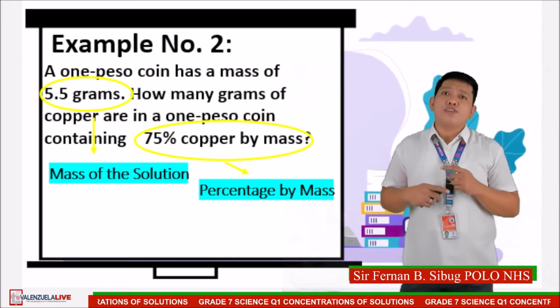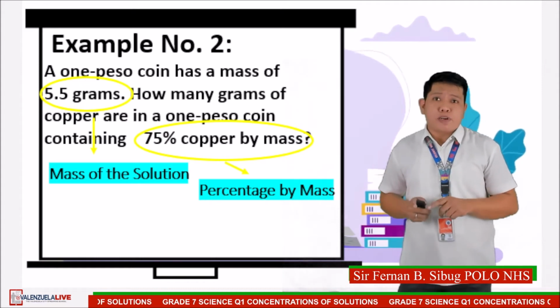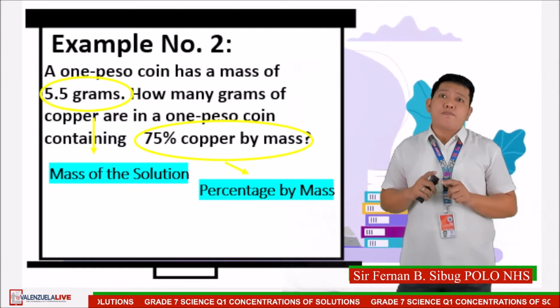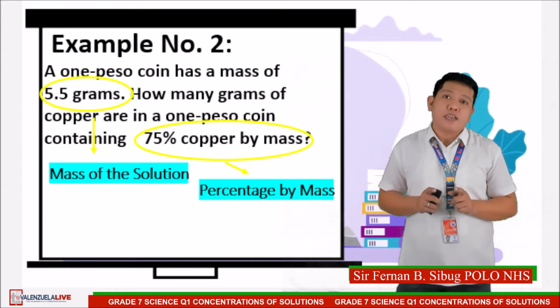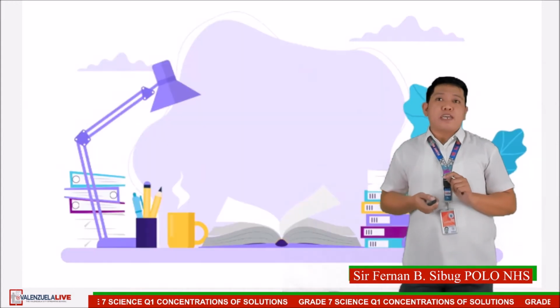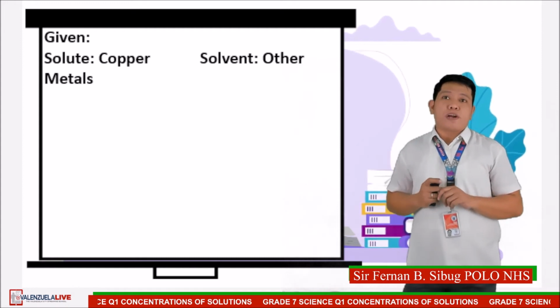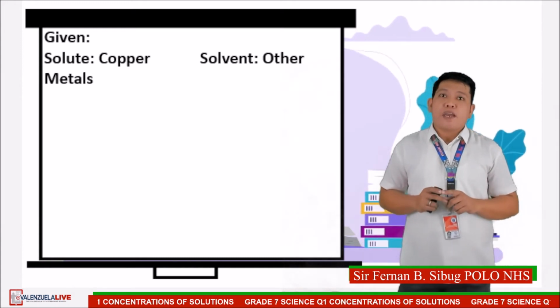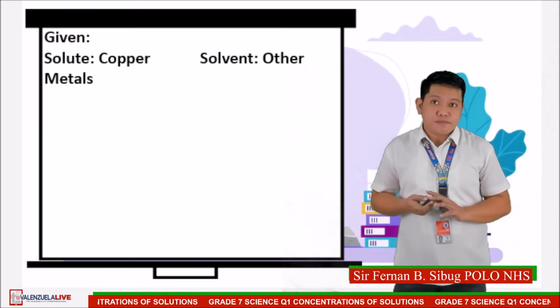What we are trying to find out here is how many grams of copper are there in a 5.5 gram 1 peso coin if it is 75% copper by mass. Next step is to write the given. So again, the solute from the problem is the copper, and the solvent are the other metals that made up the coin.